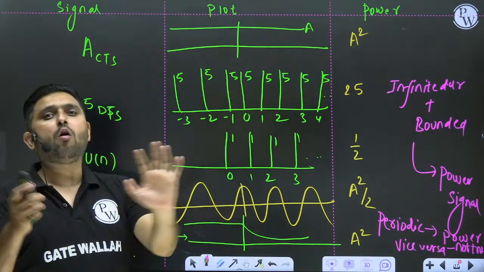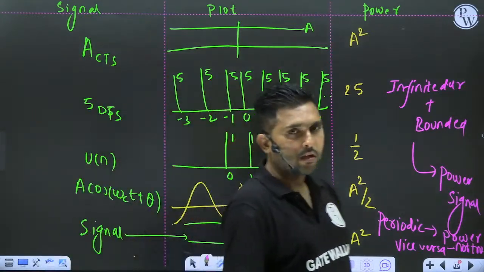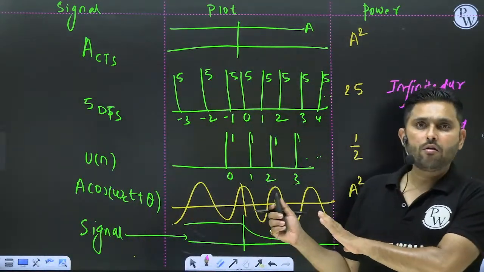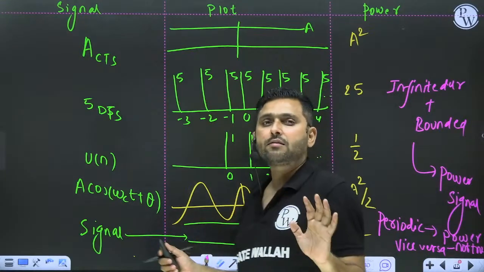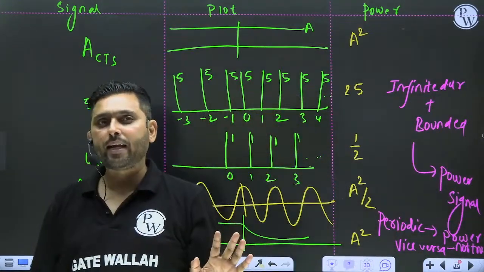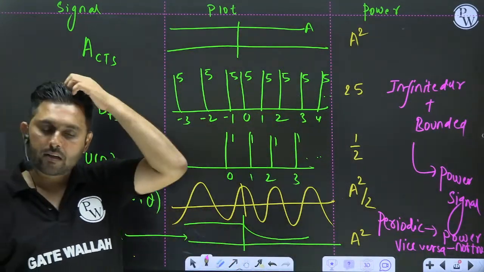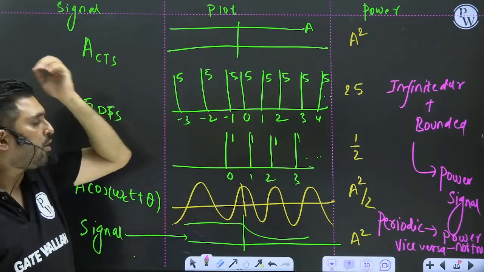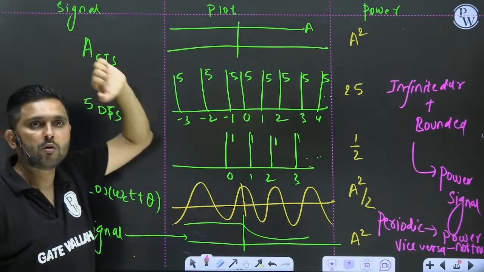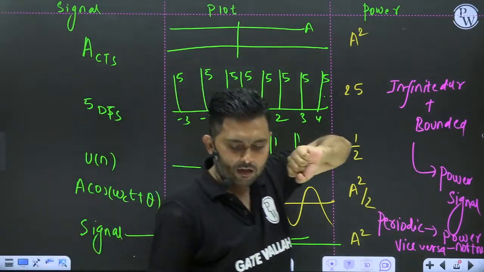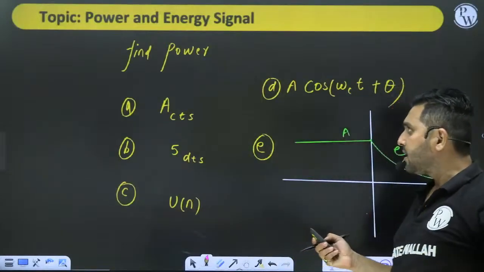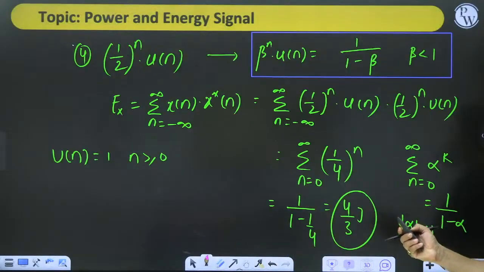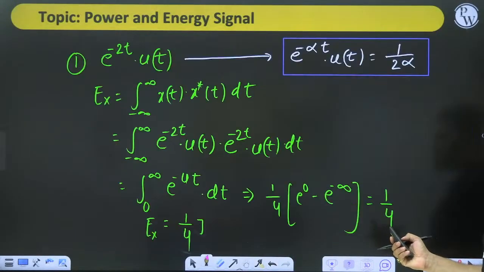These conclusions I drew in today's class are very important as far as power and energy are concerned. I hope they clear your doubts and that no doubts exist after such an elaborate class. Is it clear?